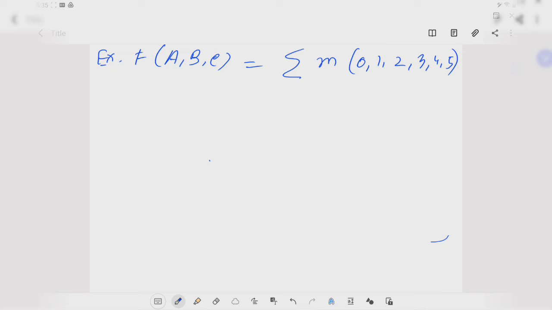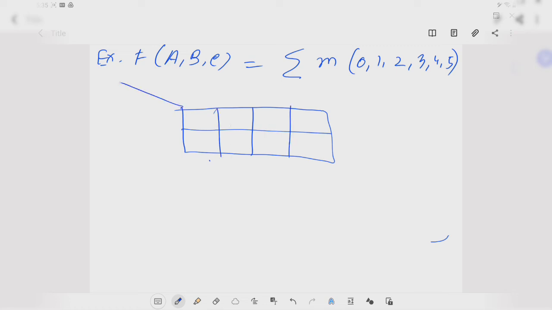Since it's a 3 variable function, we need to find the 3 variable K-map for this particular function. We know the structure of a 3 variable K-map is like that, and on this side we have A, and on that side we have BC: 00, 01, 11, 10.